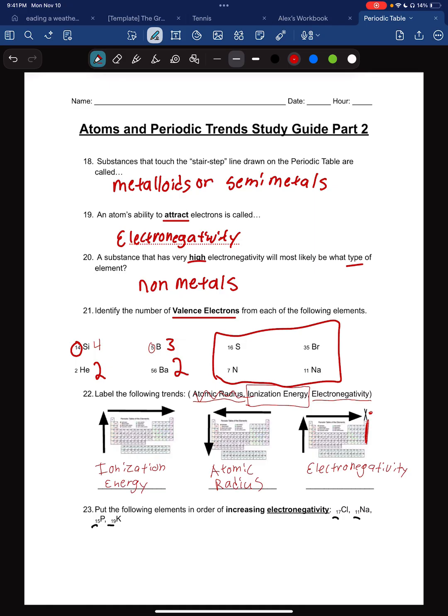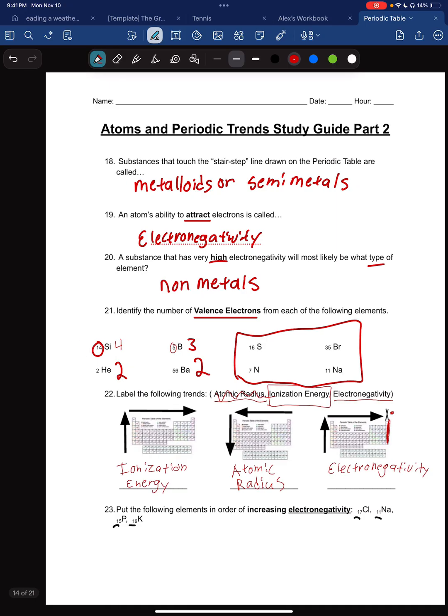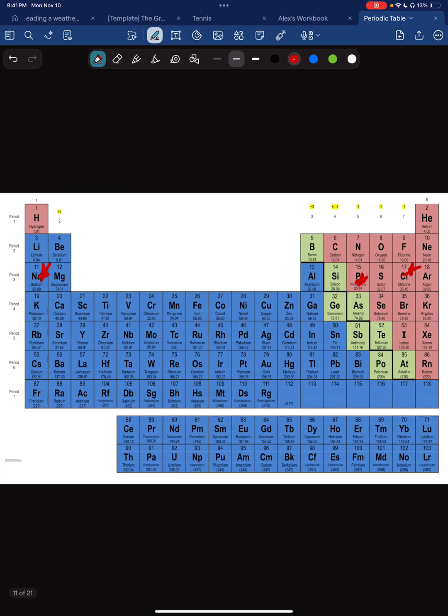And then we have element 19, which is potassium, which is right here. Okay, so now you have an idea and understanding of where they are. Now what you need to do is find them on your packet, and you should be able to figure out where they go.